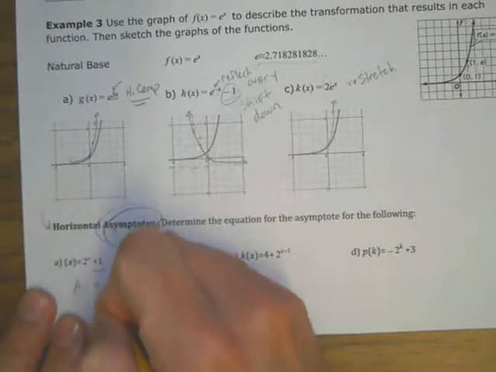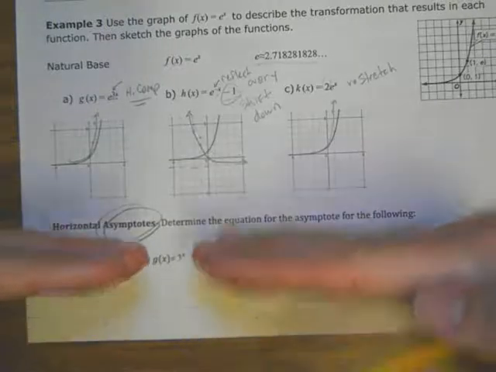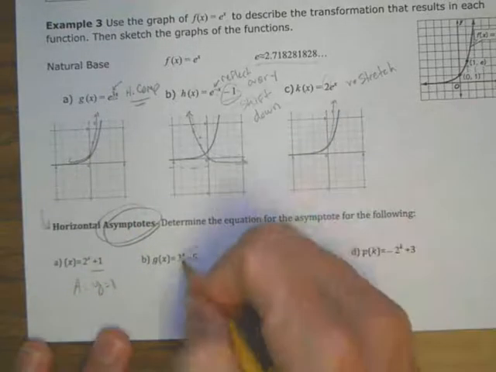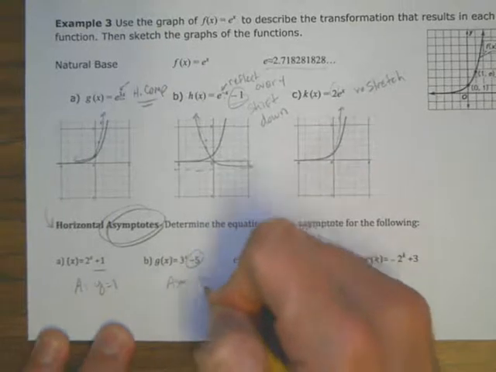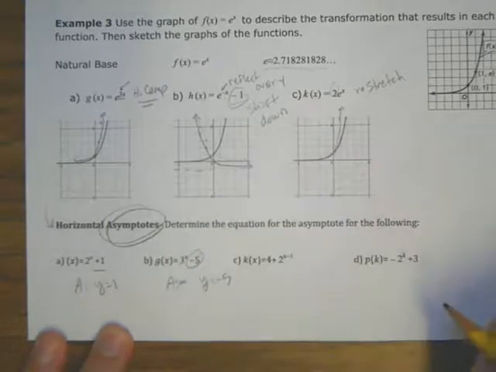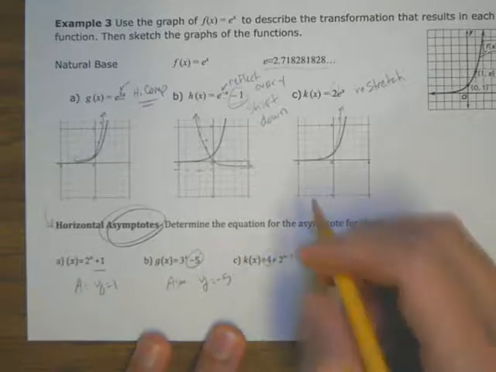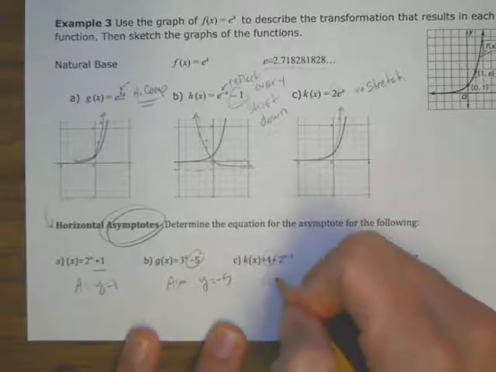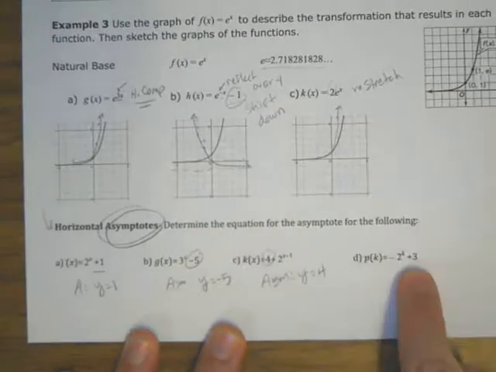Down 5, the asymptote is y equals -5. Careful now, this k is not in the back, it's in the front, but it's +4. The asymptote, y equals 4. You do this one. Pause. Now that you've done it, you're right. The asymptote, y equals 3.